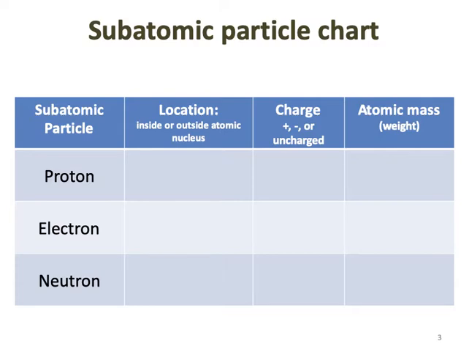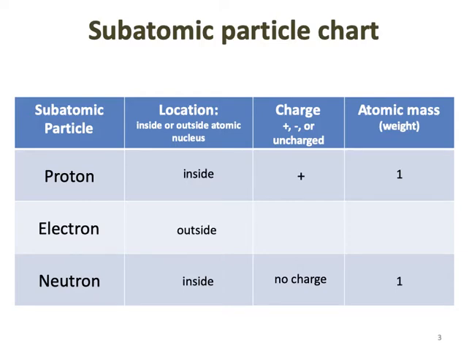Let's go over the three parts of an atom. They're called subatomic particles: protons, neutrons, and electrons. Protons are inside the nucleus, so are neutrons. Each proton has a mass of 1. Each neutron has a mass of 1. Each proton has a positive charge, but neutrons have no charge, hence their name, neutrons.